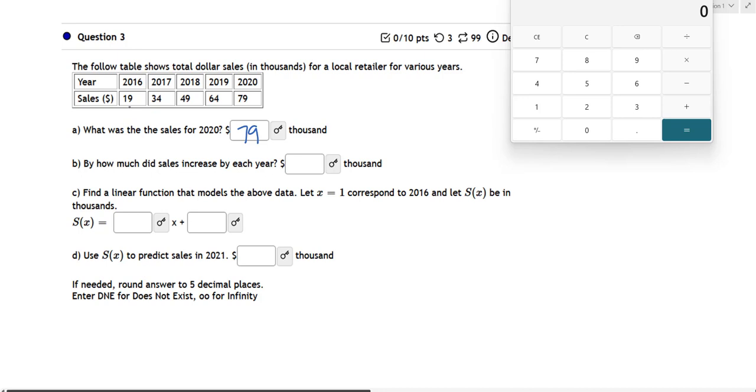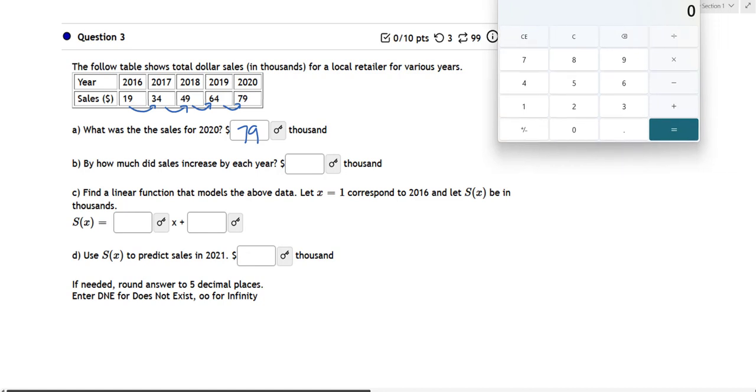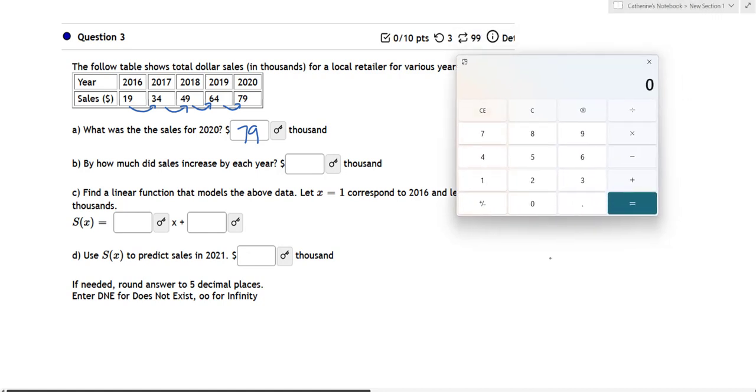If you look at from 19 to 34, and then 34 to 49, and so on, the difference should be the same, because in our table the years go up by 1 each time. So let's look at the first two. 34 minus 19 is 15.